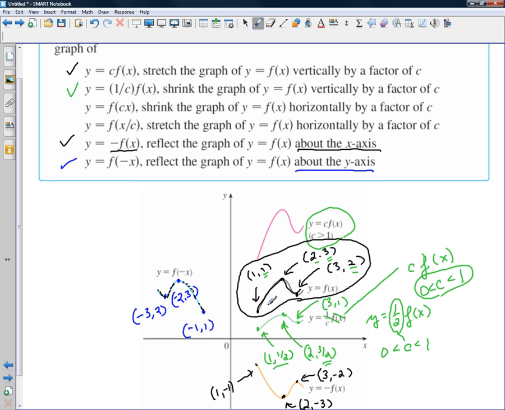So that does our reflections and our vertical stretches and shrinks.